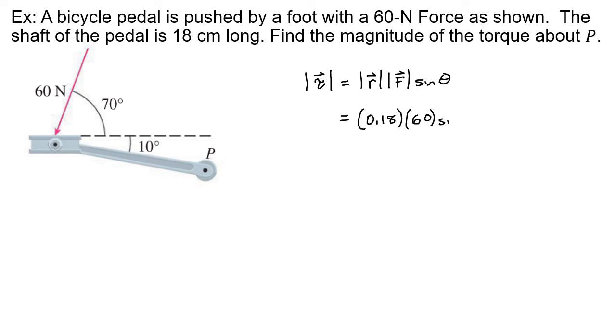And I have the sine of 80 degrees. The 80 degrees is adding this 70 to this 10. And then you just type that in the calculator. This is 10.6 newton meters of torque on that point. So that's just one example.